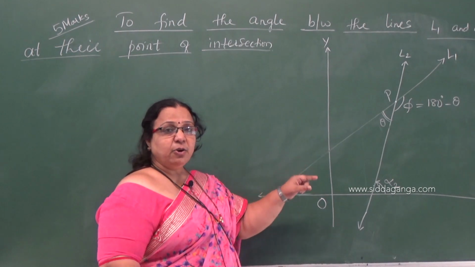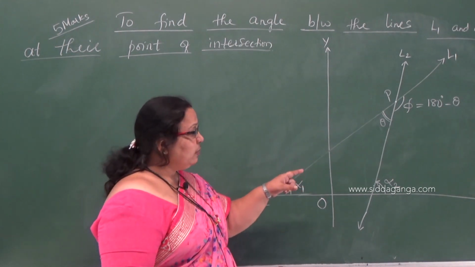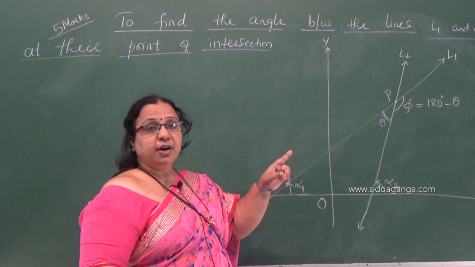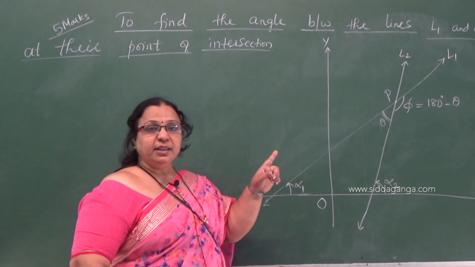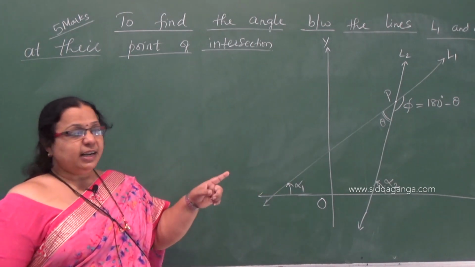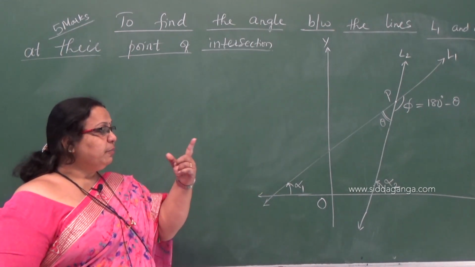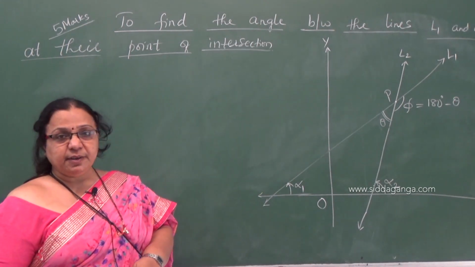Similarly, the slope of the line L2 is tan alpha 2. We denote the slope of the first line as m1 and the slope of the second line as m2.